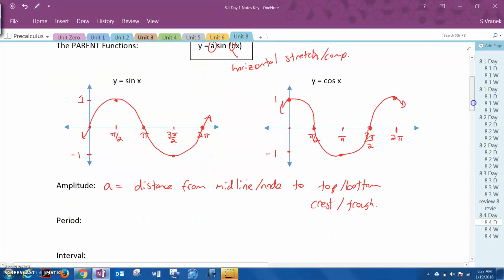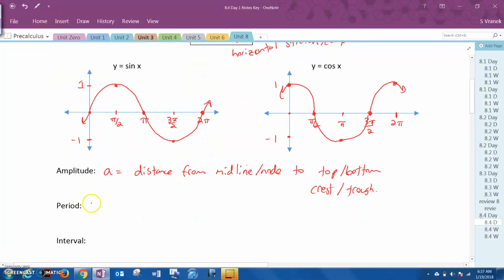Okay. The period is the time it takes for one cycle to complete.